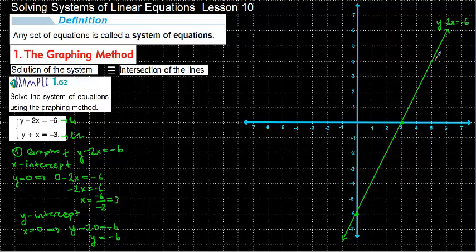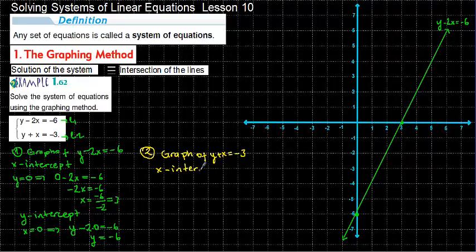Okay, this is the first graph, and the second graph is y plus x equal to minus 3. We are going to find the graph of y plus x is equal to minus 3, and I'm going to find first the x-intercept.